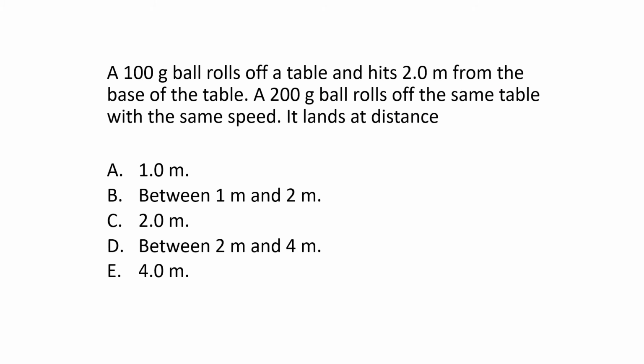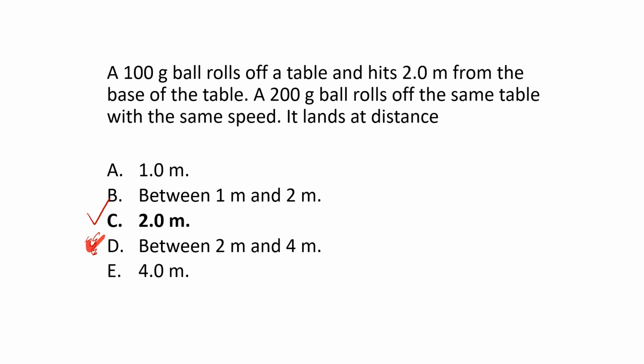Try this problem. You may pause the video if you like to think about it. Unfortunately, my red arrows do not show up in the right spots, but you have a 100-gram ball that rolls off a table and hits 2 meters from the base of the table. And then you have a 200-gram ball that rolls off the same table with the same speed, and it lands at a distance.